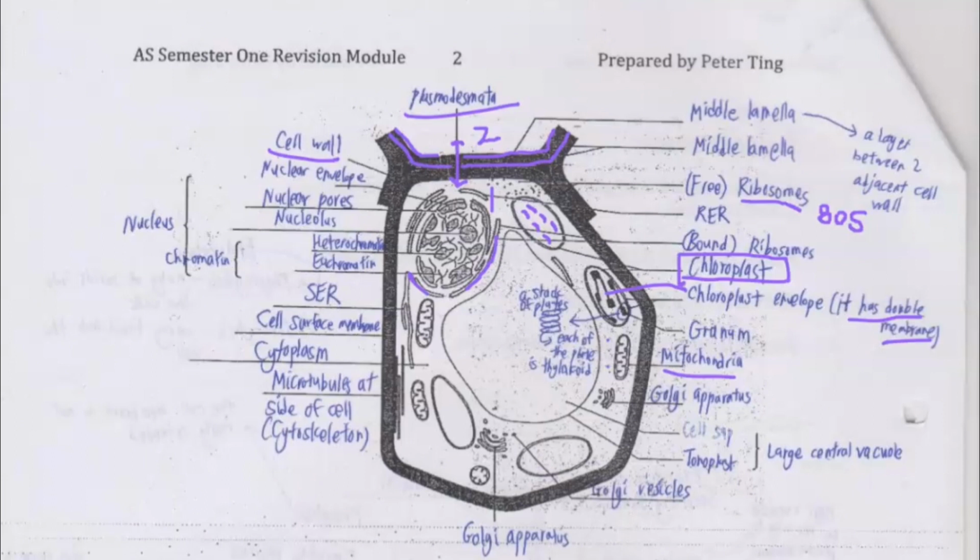So 60S plus 40S should be 100, but it is becoming 80S.